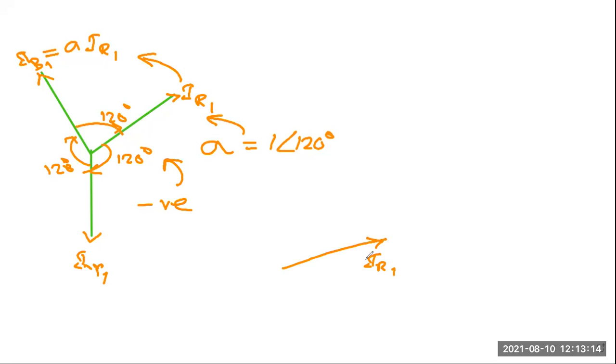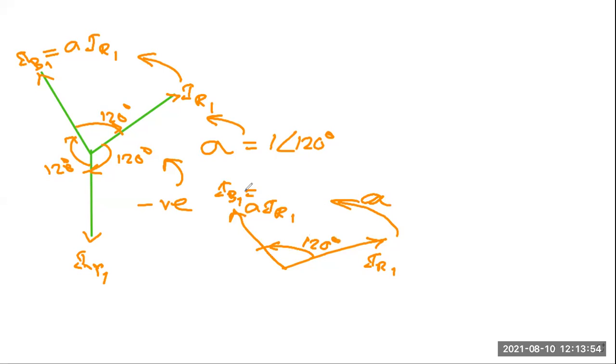Now you are multiplying this with A. We know that if any vector is multiplied with A, there will be 120 degree phase shift in anti-clockwise direction. So if you multiply A with this IR1, the vector will be rotated in the anti-clockwise direction and this will be your A into IR1. Is it clear now? Yes, sir.